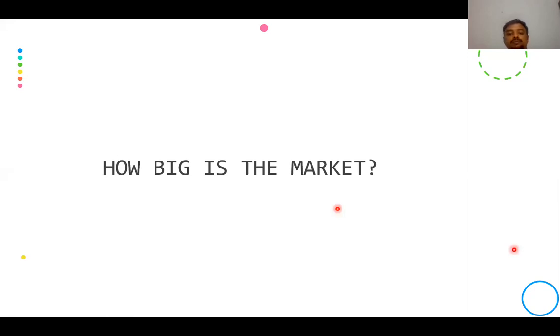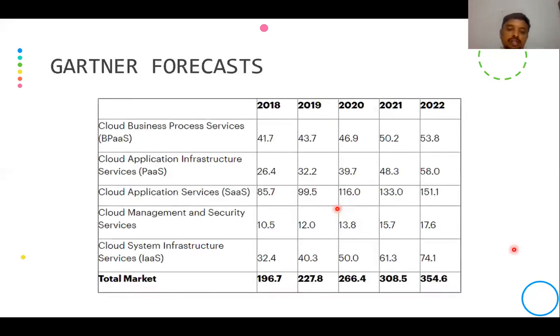This is the Gartner forecast for cloud computing. For those of you who do not know Gartner, it is a global research company which advises or generates reports on technological trends, market trends across a variety of verticals: supply chain, technology, computer software, data visualization software, artificial intelligence, etc. Right?